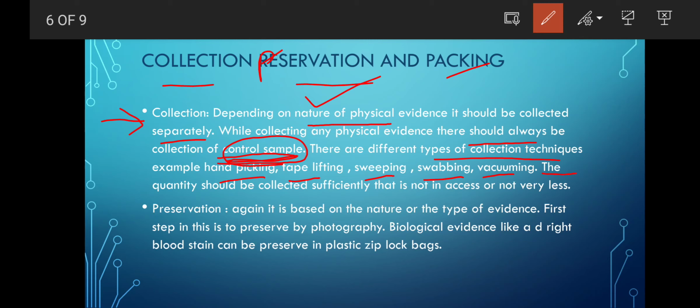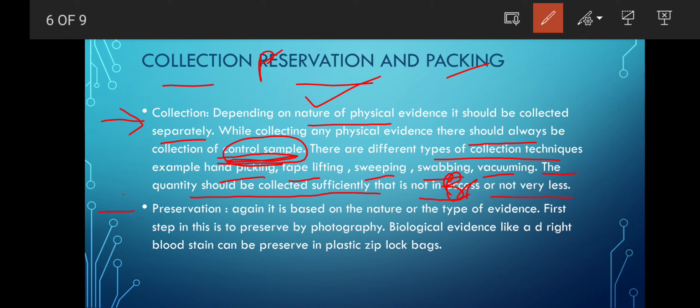The quantity should be collected sufficiently, that is, not in excess and not very less.